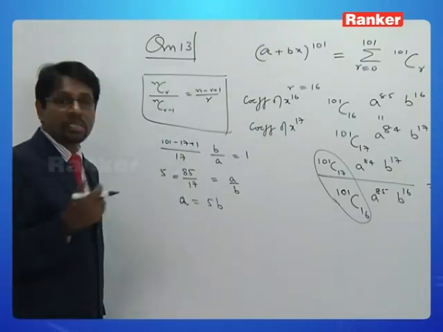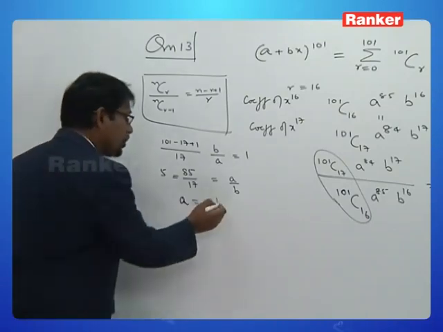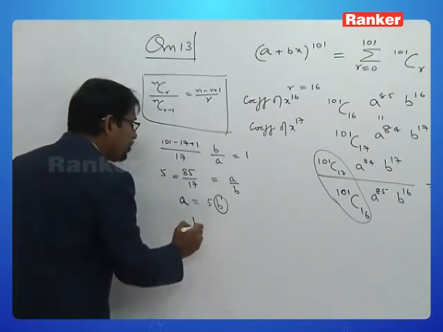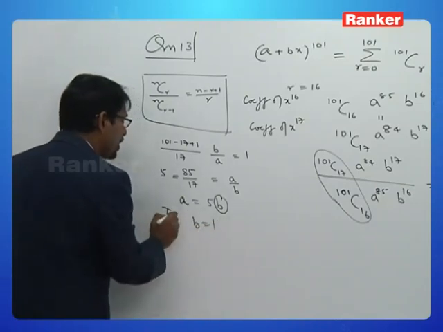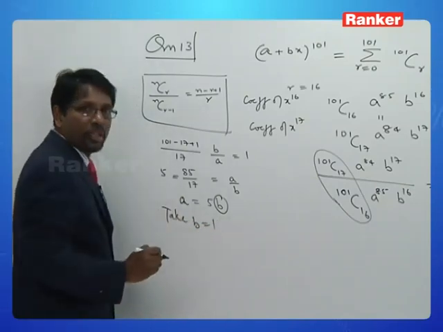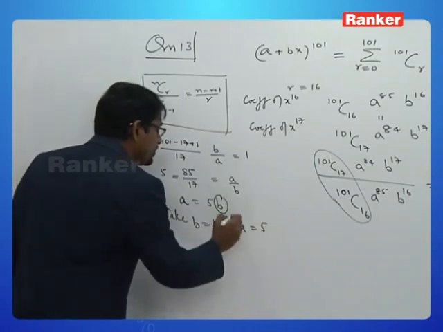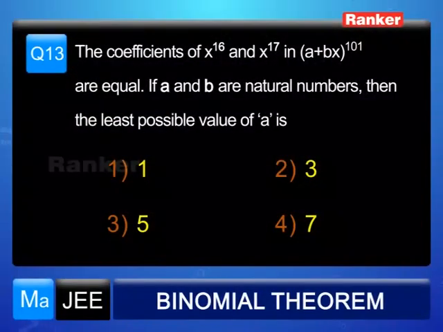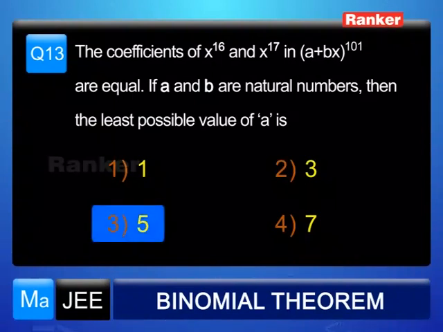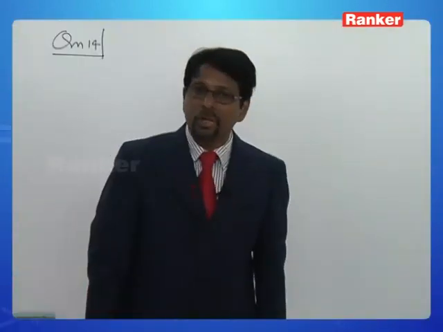Okay, what is the least value of a then? 5 into 1. If I take b as 1, then you get the least value for a. So the least value for a is 5, and clearly the answer is option 3. So let's move on to the next question.